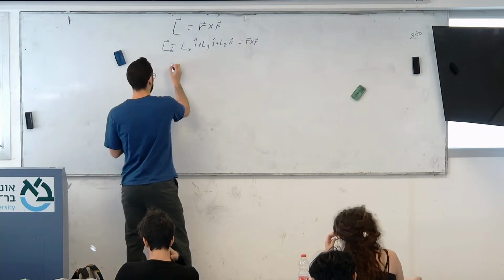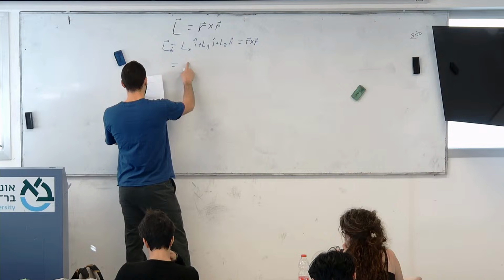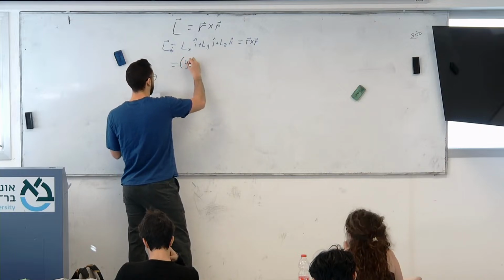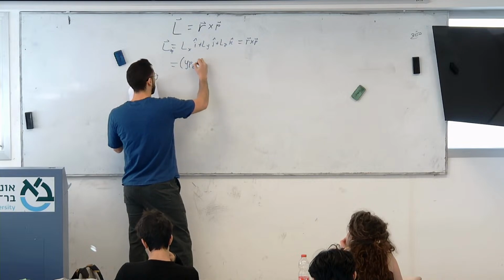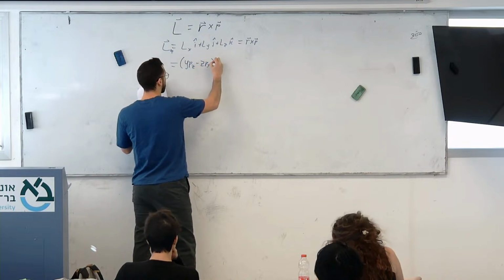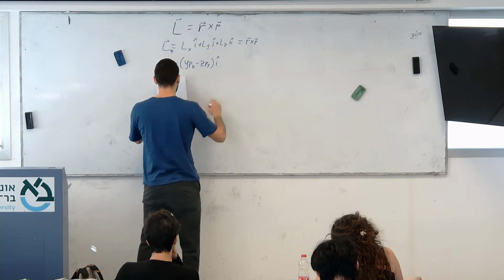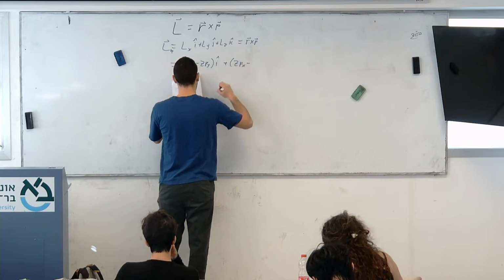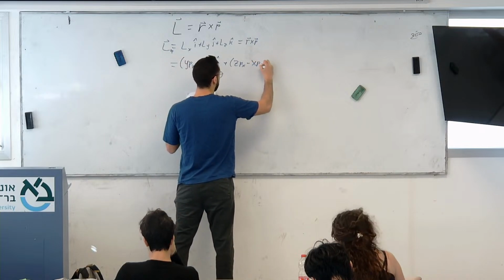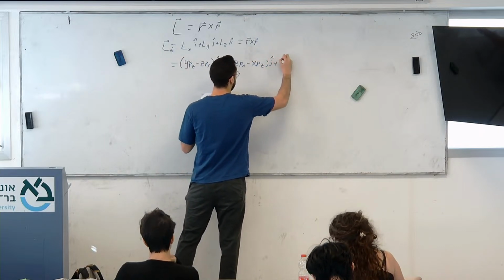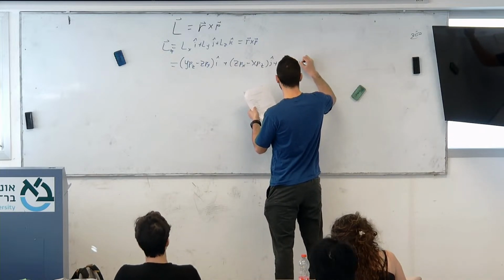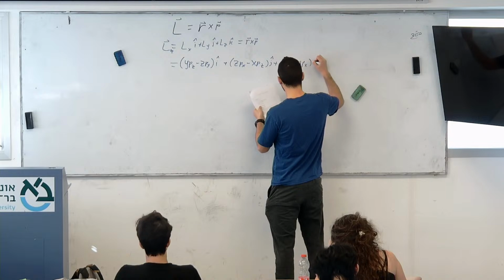So I can write it as equal to, and I'm going to write it just beneath, (y pz minus z py) i hat plus (z px minus x pz) j hat plus (x py minus y px) k hat.